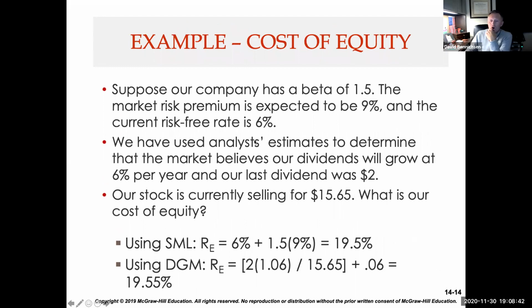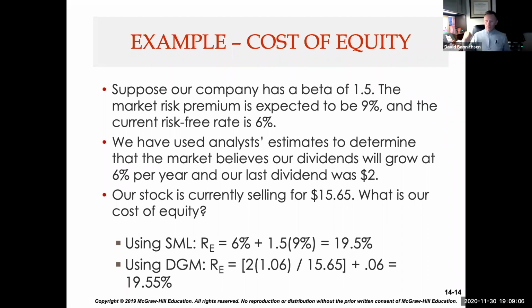Okay, so cost of equity. We've got a company that has a beta of 1.5, risk premium is 9, current risk-free rate is 6. We've got some analyst estimates that determine the market believes our dividends are going to grow at 6%. Last dividend was $2. Stock is currently selling for 15.65. What's our cost of equity? Well, let's do it both ways.